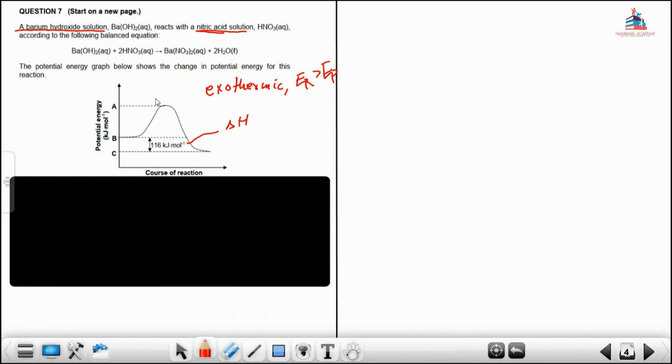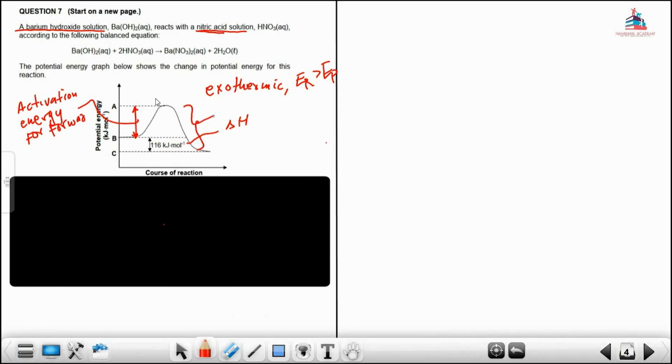Then what can we say now with this graph? Anything else? I can say this part here is what? Activation energy, for the forward reaction. 100%.